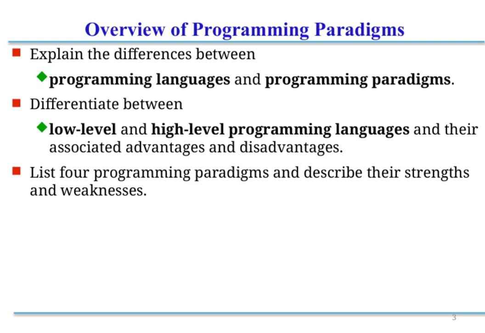Now let's look at 4 common programming paradigms. First, imperative programming, which focuses on how to perform tasks step by step. It's very straightforward but can lead to complex, hard-to-maintain code. Second, object-oriented programming, which organizes code into objects and classes, making it easier to manage large projects, though it can sometimes introduce unnecessary complexity.